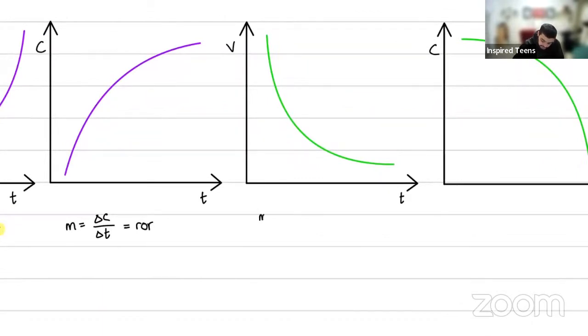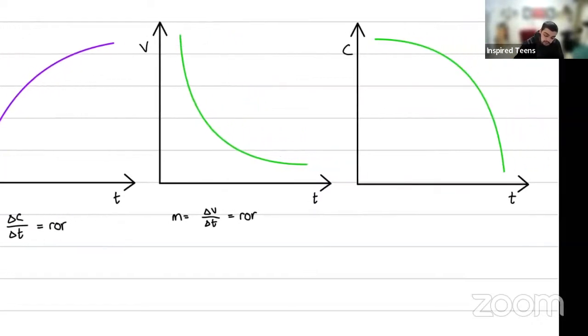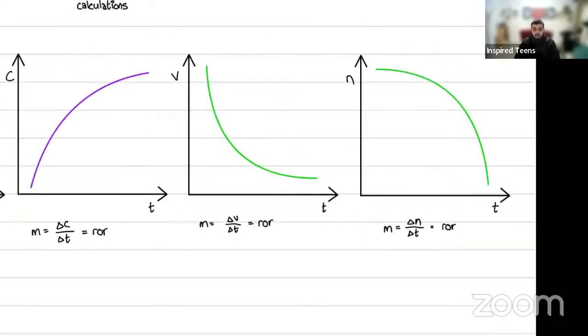So now we can say that the gradient is equal to the change in volume divided by the change in time, whatever's on the y-axis divided by whatever's on the x-axis, and that's rate of reaction. Here, let's use moles. So the gradient is equal to the change in moles divided by the change in time, which is equal to the rate of reaction. So the gradient for all of these graphs gives us the rate of reaction.